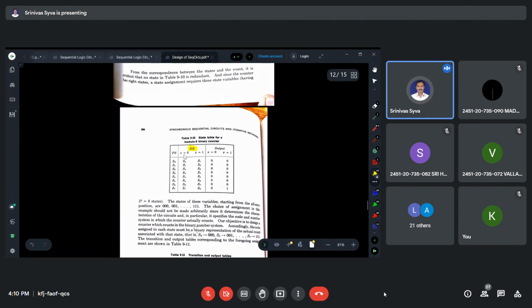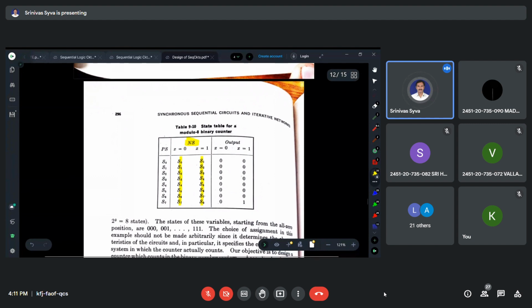So when x is equal to 0, what is the next state? It is written here. When x is equal to 1, what is the next state? Here, like that. And this is the output information.